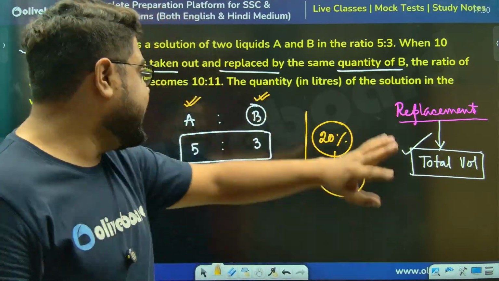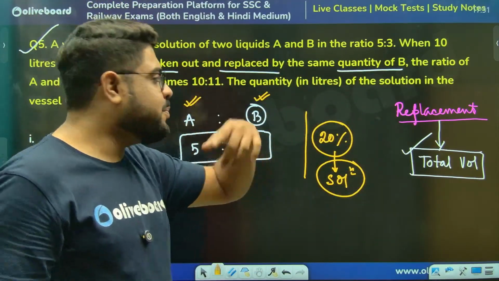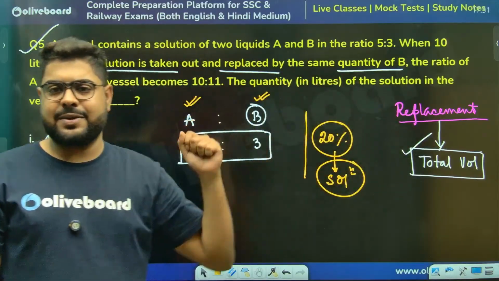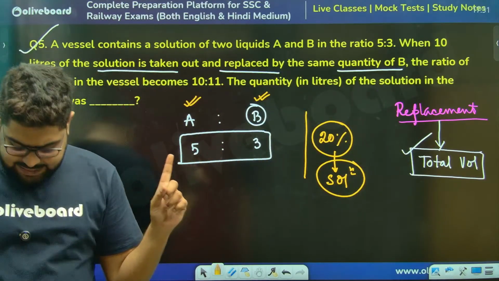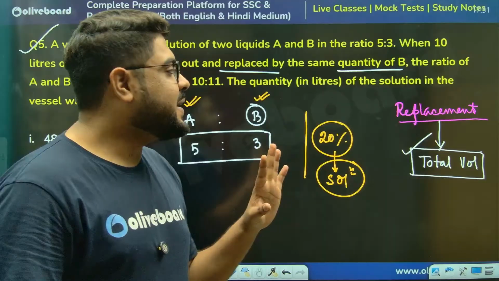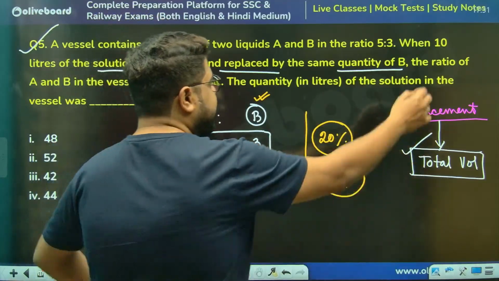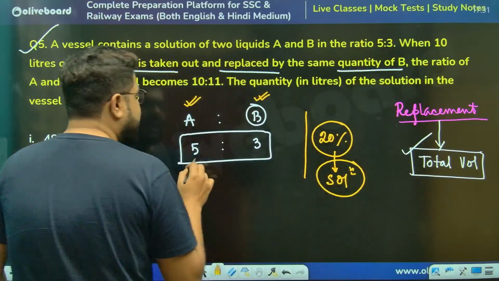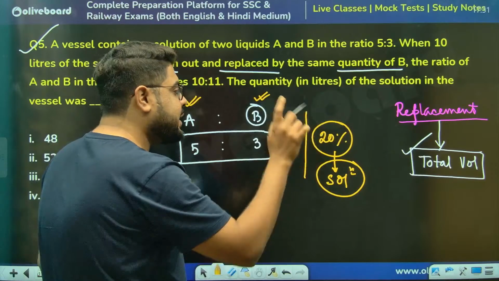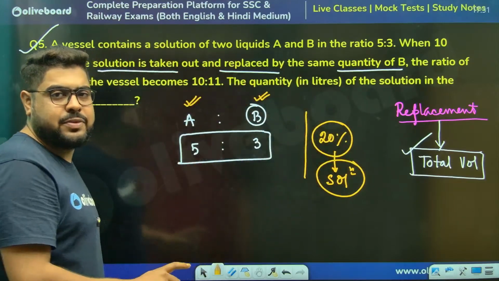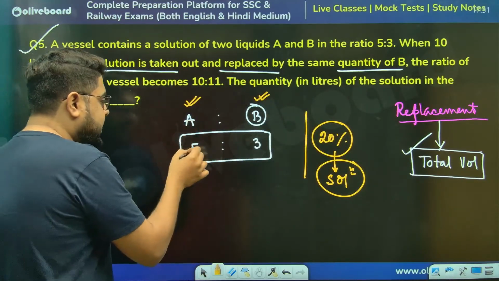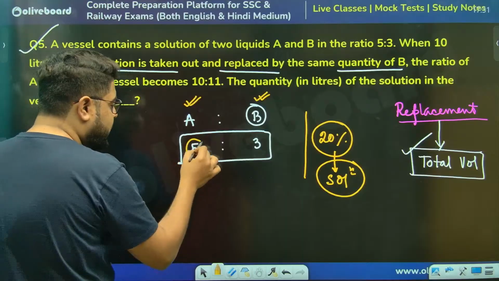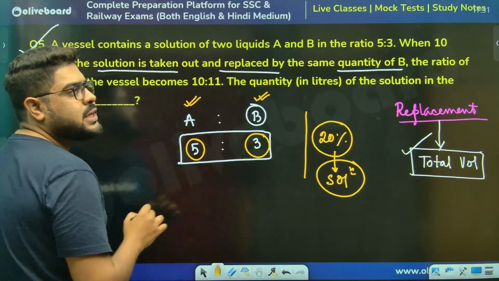Yes or no, please? So when I'm taking out 10 liters, the ratio always remains the same. In those 10 liters, the ratio will always be 5:3.